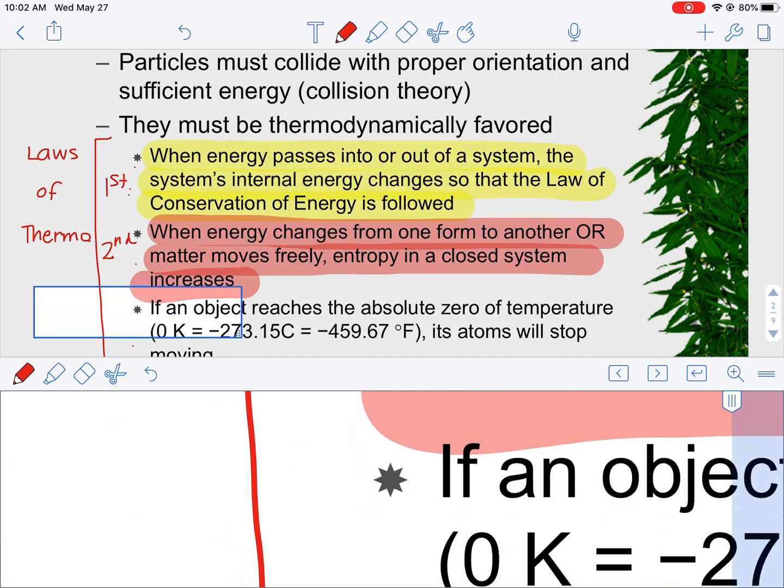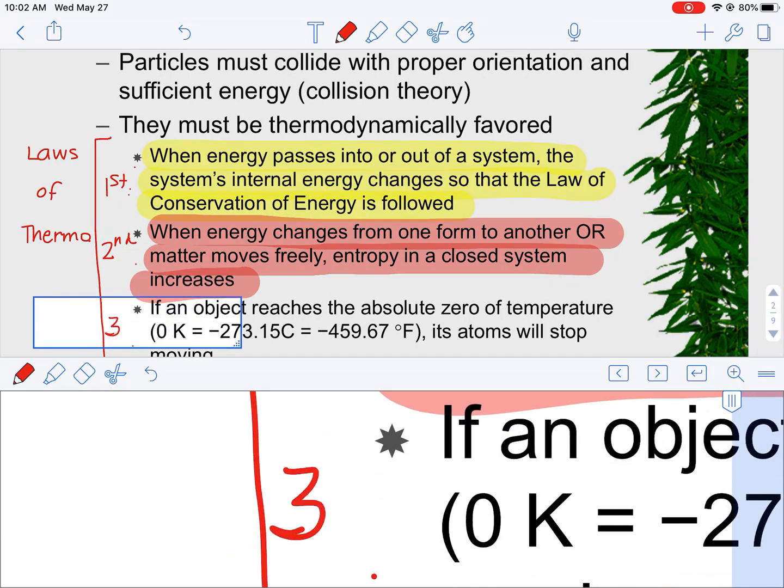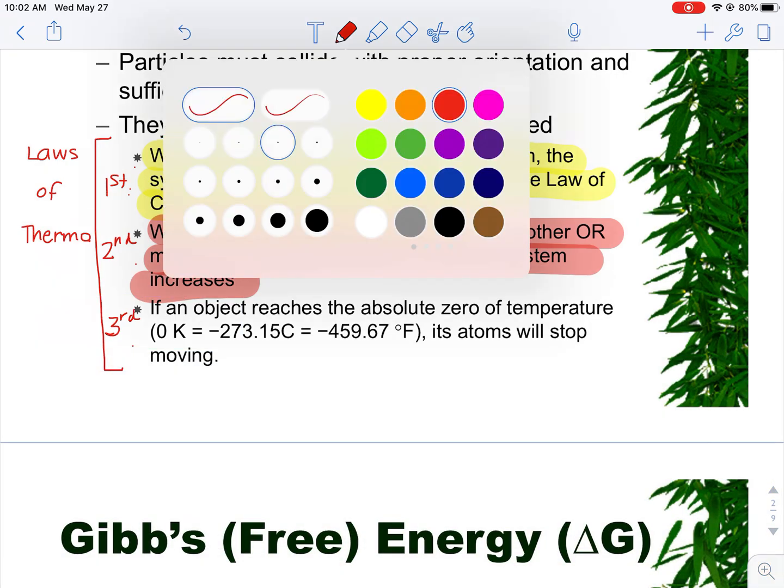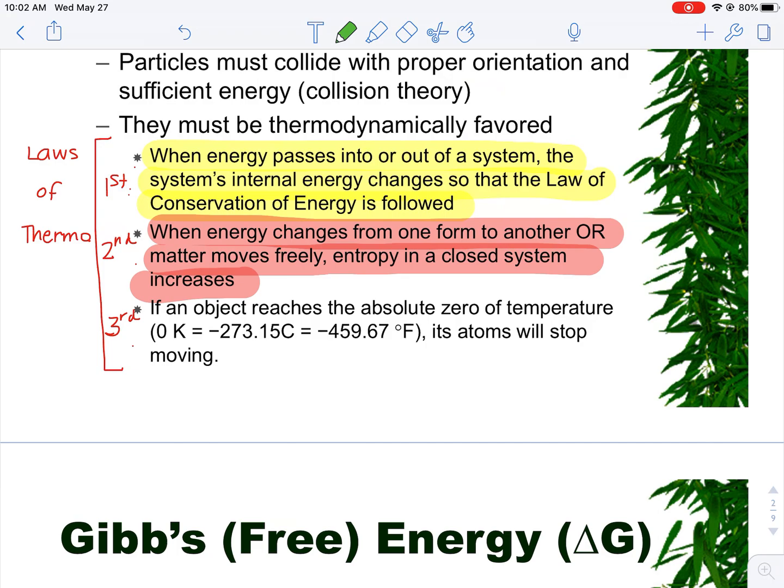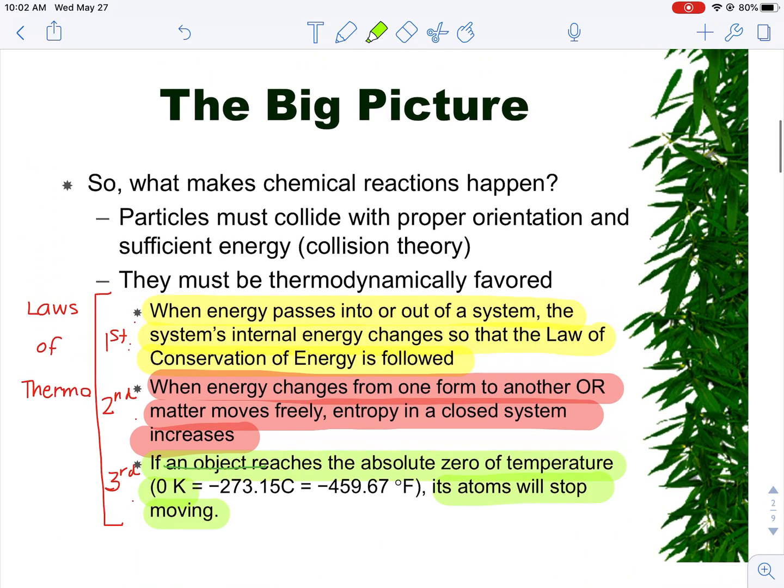Finally, we have our third law of thermodynamics that says, if an object reaches the absolute zero of temperature, which remember is 0 degrees Kelvin, its atoms will stop moving.